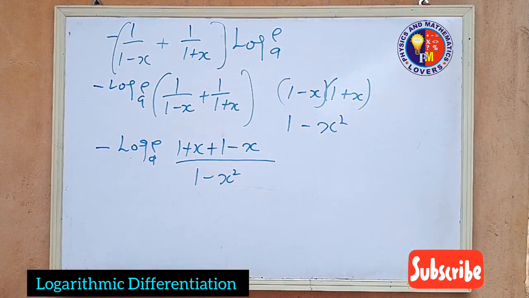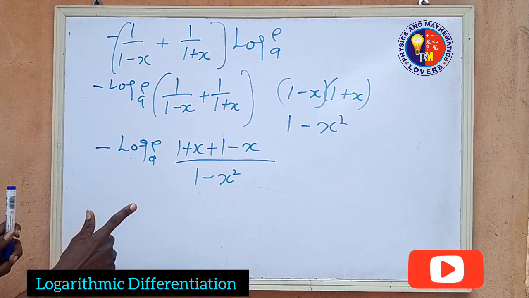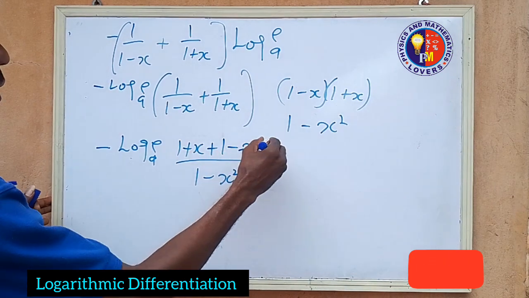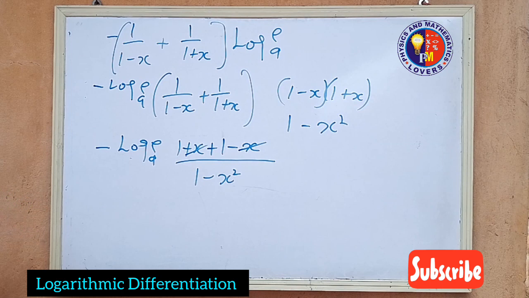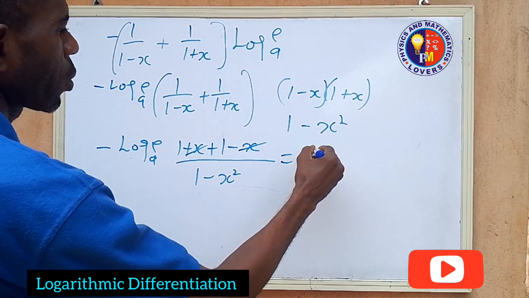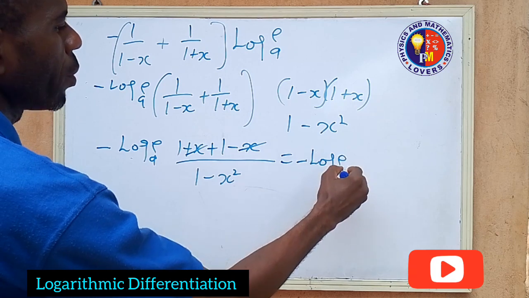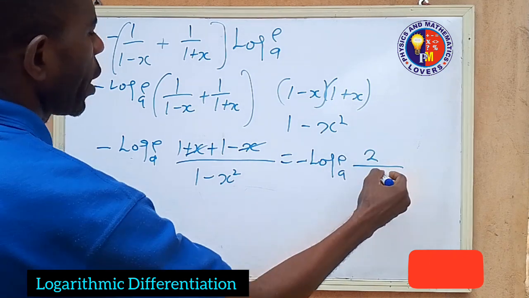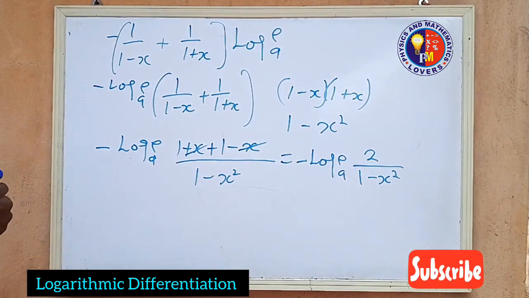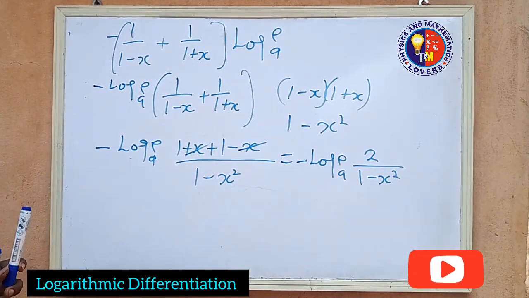Okay, so at the end of the day, look at what we have now. We have a positive x and a negative x, so this one and this, they are all gone. Then we have 1 plus 1, which means we then have equal to minus log e to base a, we have 2 over 1 minus x squared. But remember, it is not written like this in our standard derivative.